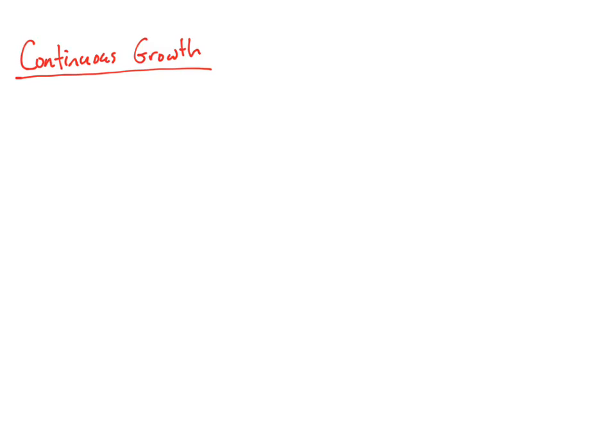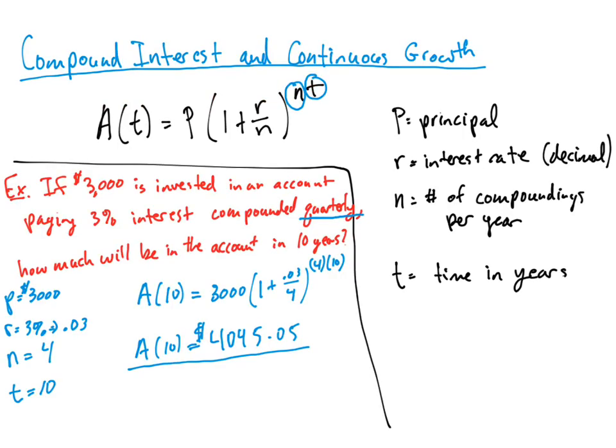So the next thing we'll talk about in this video is what's called continuous growth. The growth that we saw in this example was getting compounded 4 times per cycle, 4 times per year. Most financial applications have growth that has a set number, either an integer or a fraction, some rational number for the way that it's growing.